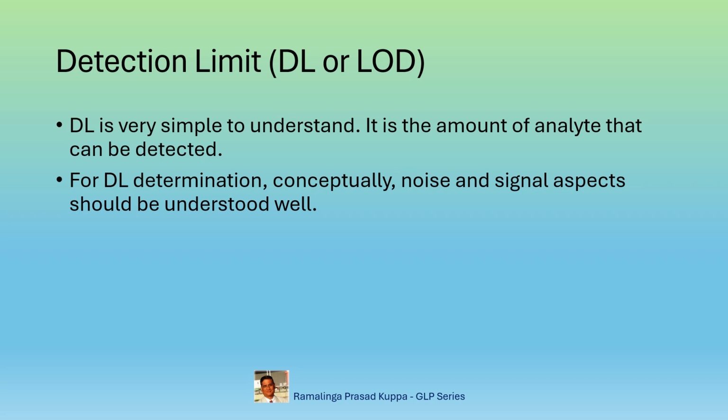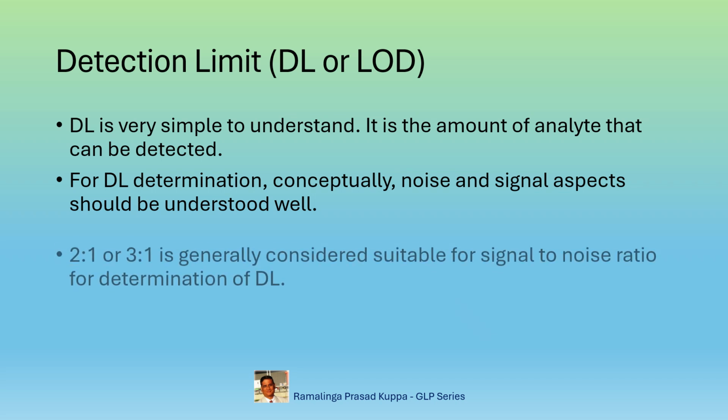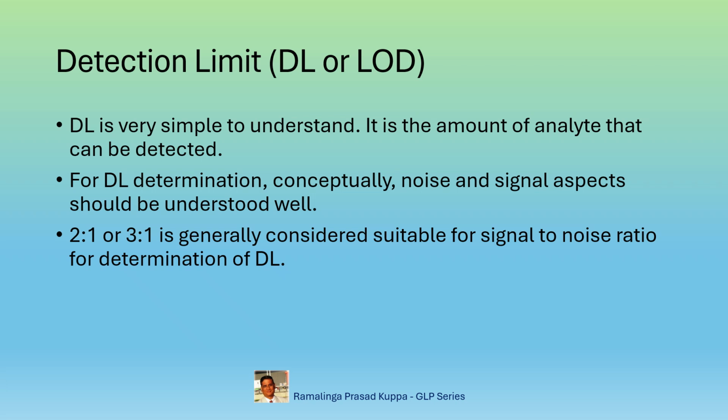I hope the concept of noise and signal is understood. 2:1 or 3:1 is generally considered suitable for signal to noise ratio for determination of DL. As discussed, if the response is 2 times or 3 times the noise level, this is considered as the detection limit. We will discuss determination of DL in HPLC analysis in the next slide.